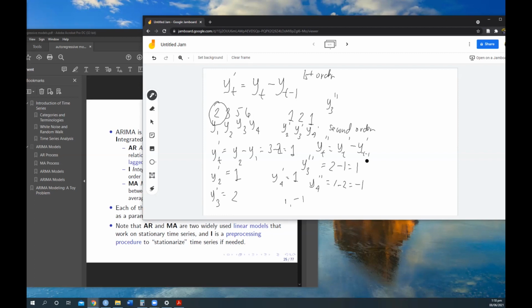But we can also directly compute the second order from the original time series. Remember this is the formula: y prime prime t equals yt prime minus yt minus 1 prime.